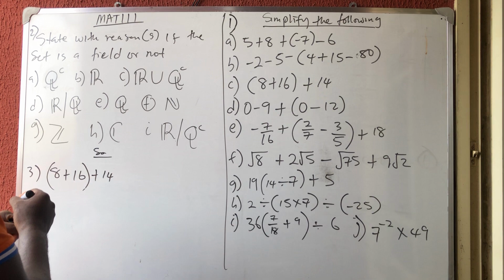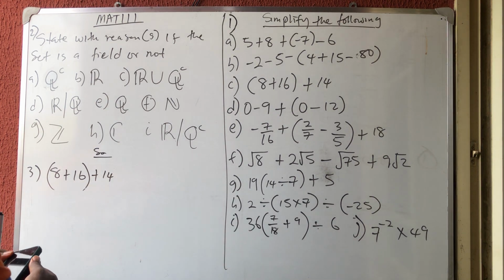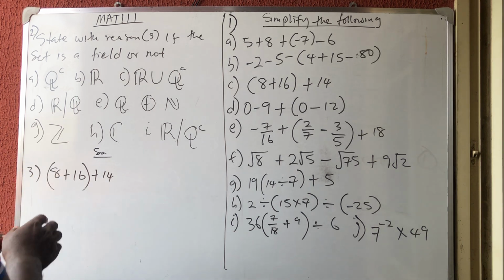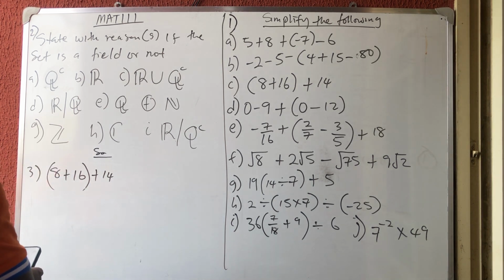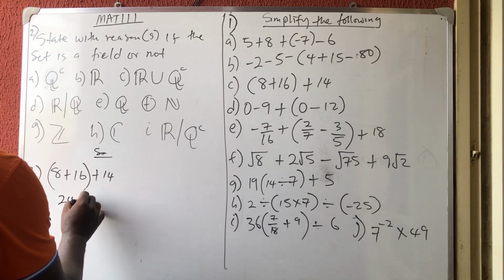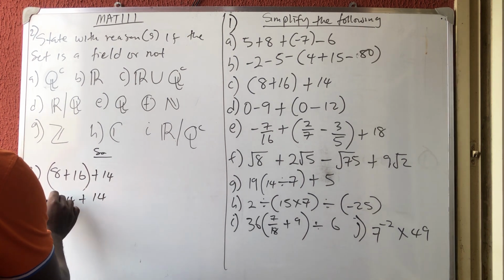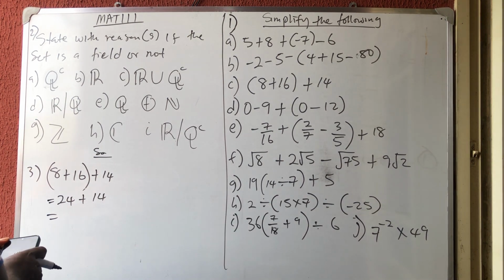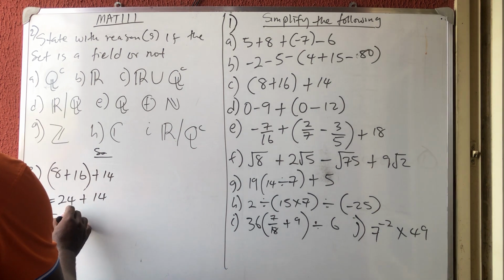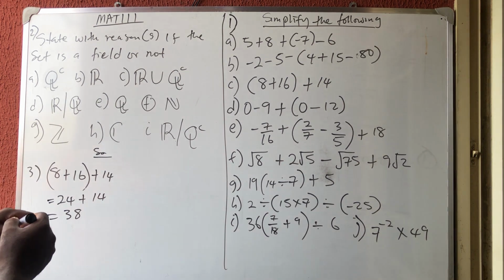Let's solve the bracket first because of BODMAS, but even if you do not solve the bracket first, you will still get the same answer because there is nobody here and the plus does not change anything. So 8 plus 16 first of all gave us 24, so I'm having 24 plus 14. So 24 plus 14 will give us 38. So that is that.